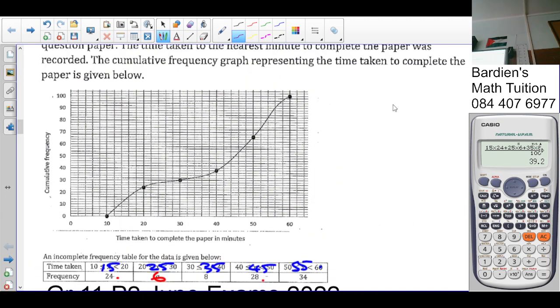There's 30, 40. So 35 minutes is here, right in the middle. Can you see that, people? That's 30, 32, 34, 36, 38, 40. So 35 is there. You all agree with that?